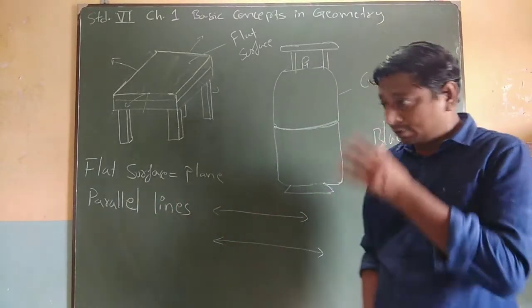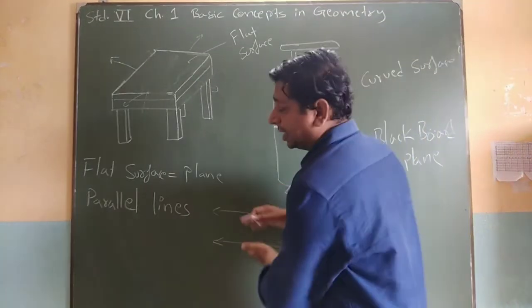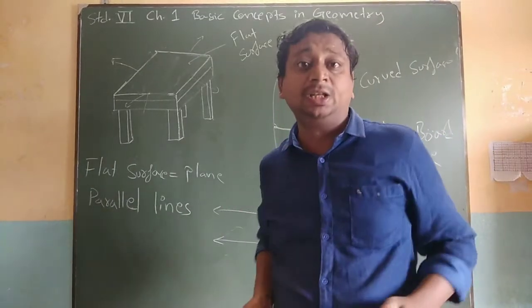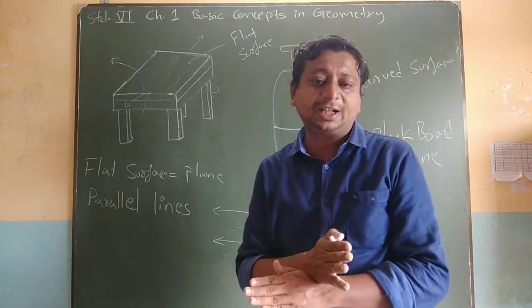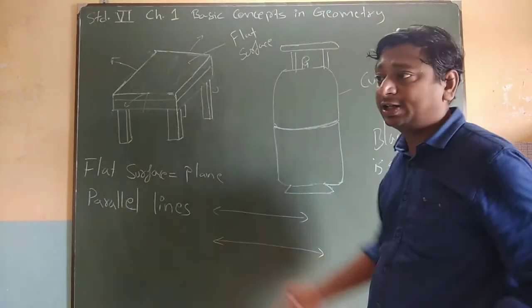And what are parallel lines? If these two lines will never meet each other, will never crisscross, or never intersect, which is the correct word, they will never come together in one single plane.